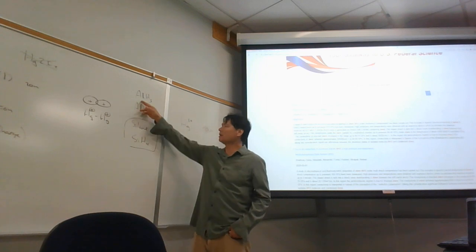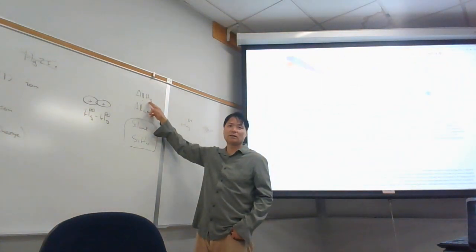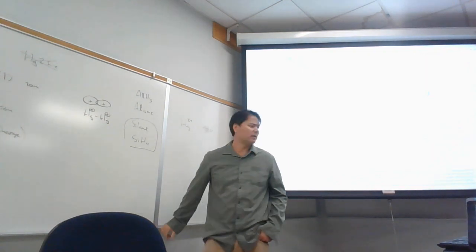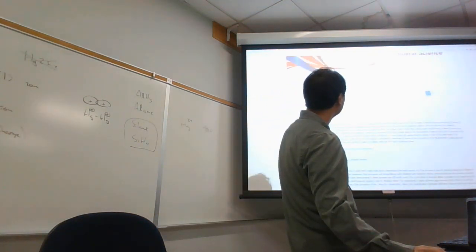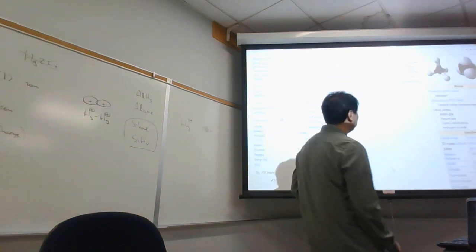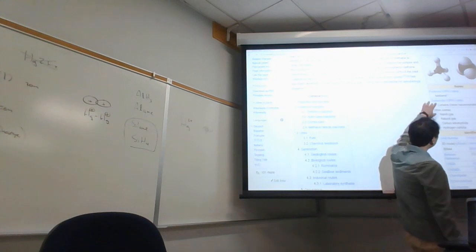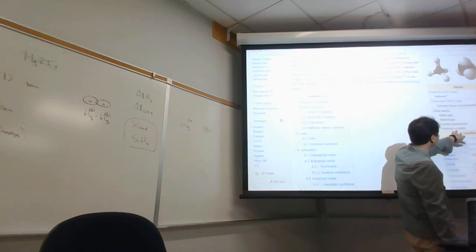Naming this as an ionic compound, we would just call this aluminum hydride. But when you look at Wikipedia, you can see there are other names too. So carbane's not really recommended. Marsh gas, natural gas, carbon tetrahydride, and hydrogen carbide.